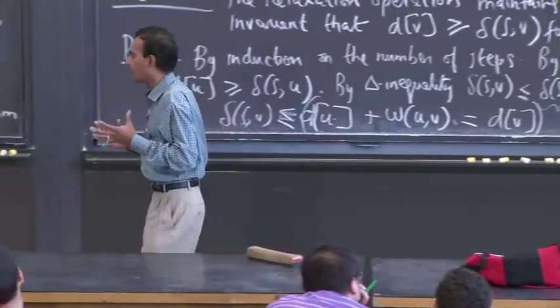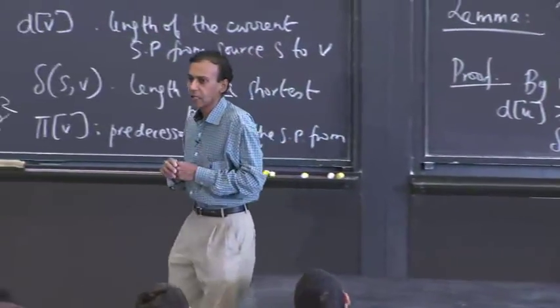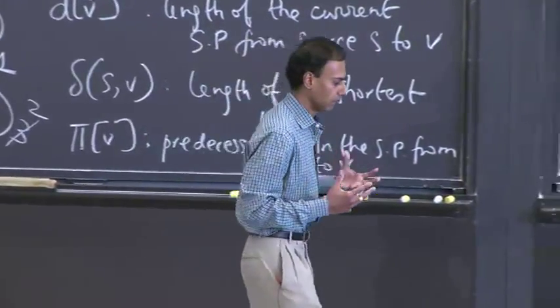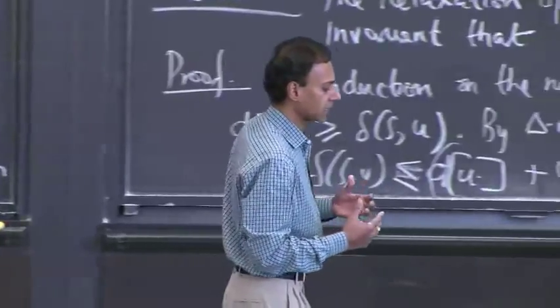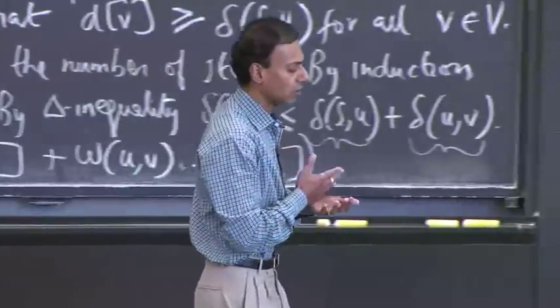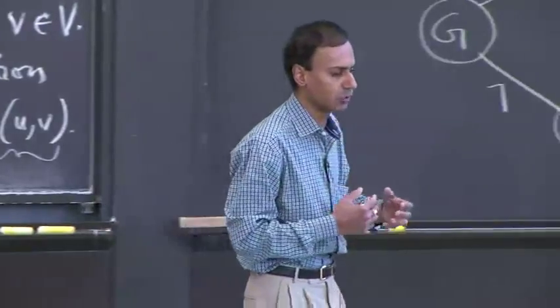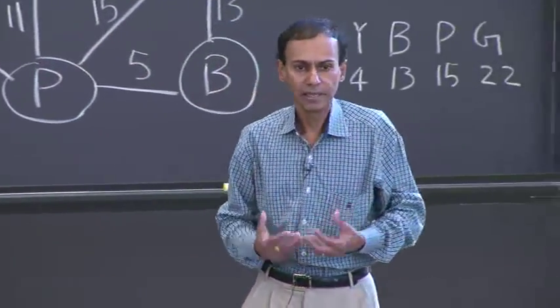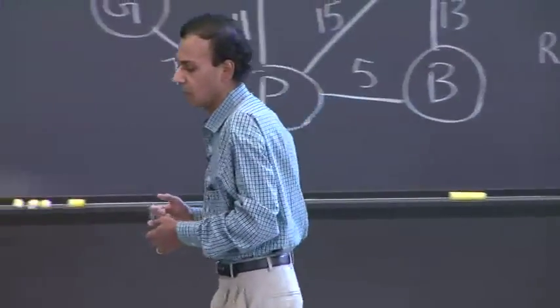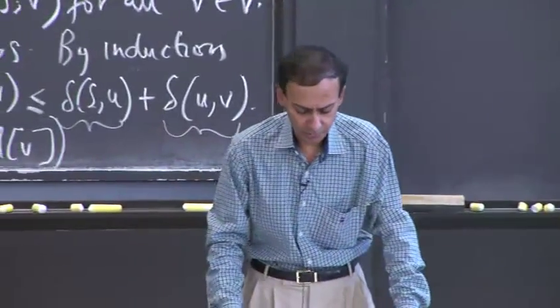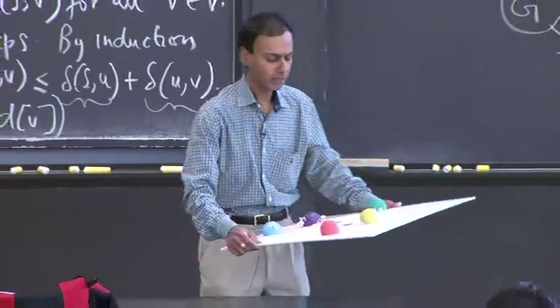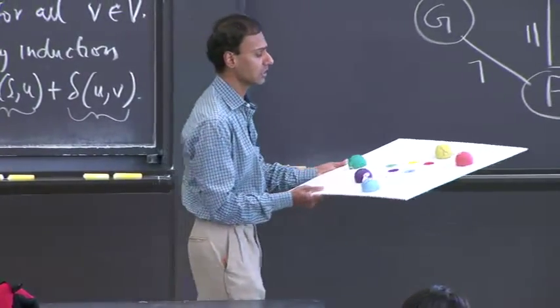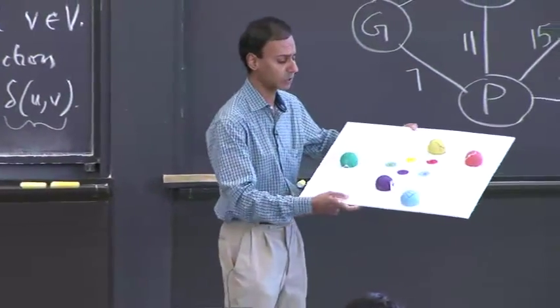One of the reasons is because it's a greedy algorithm. It does things incrementally, maximizing the benefit, and iteratively builds the shortest paths, going vertex by vertex. So here's a demo of Dijkstra, which I want to show you because it'll give you some intuition as to why Dijkstra works.